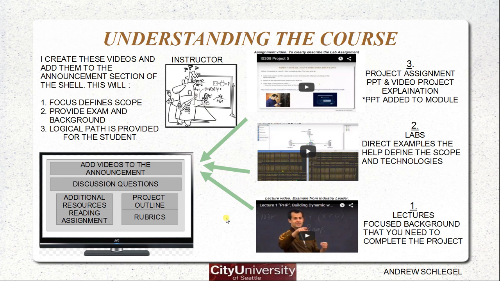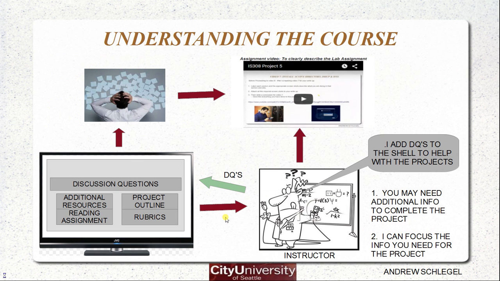Okay, so what's the process then? Let's go back just one here. There's also 20% of your grade that is the discussion questions. These are not random discussion questions. When I first started doing courses at CityU, I would just grab stuff out of the book and then students would just copy and paste out of the book. But I don't really think that was helping anyone.